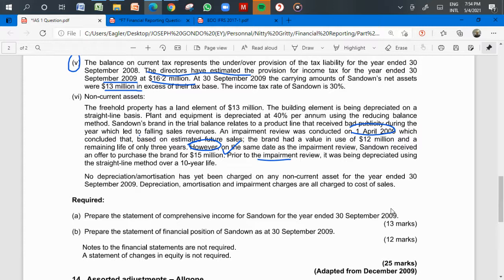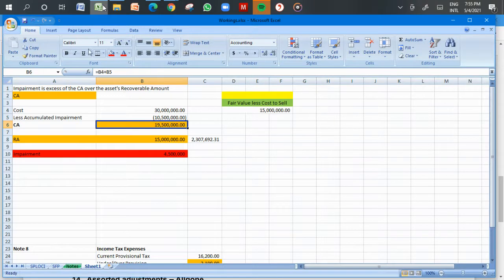The impairment review was conducted on 1 April, which concluded that based on the estimated future sales, the brand had a fair value of 15 million and a remaining useful life of 3 years. That's why they picked 3 years. That's why they said the revised carrying amount divided by 3 years. Okay, that is it, ladies.